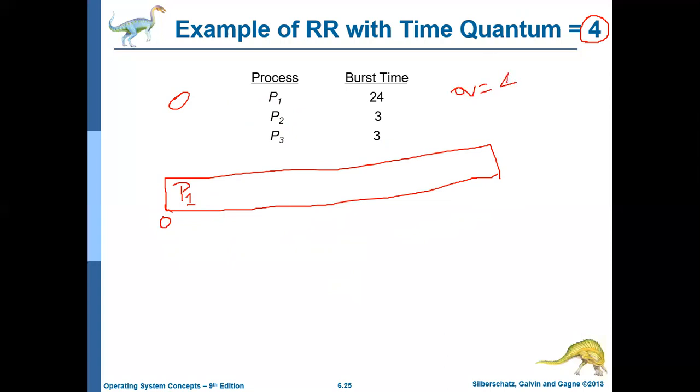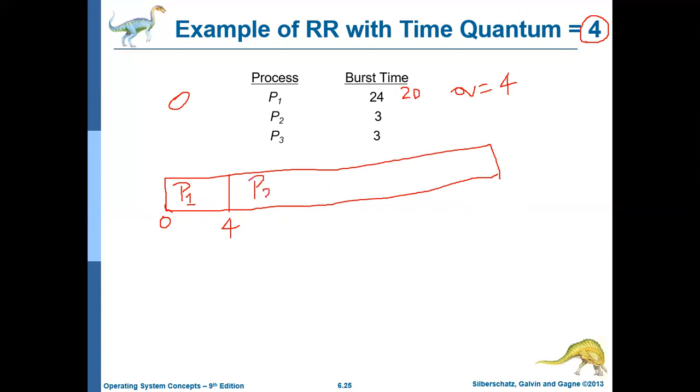So P1 is going to execute from 0 to 4 milliseconds. After that, the operating system will preempt it. The remaining time left for P1 is 20 milliseconds. It has to execute for 20 more milliseconds.